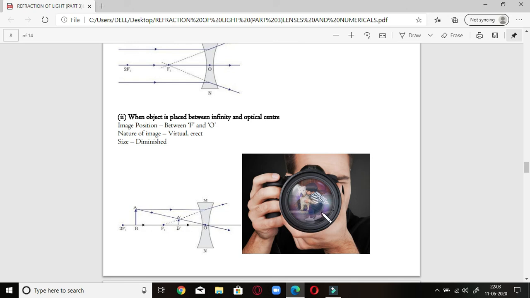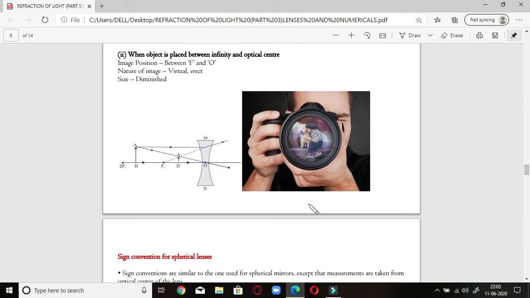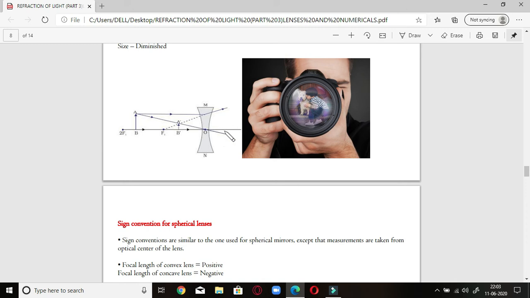Just like this professional camera photographer who is clicking a photograph of a child with a dog, the image is quite small as compared to the object, that is the child and the dog. So this is virtual, erect as well as small in size, images like that. Now in this case, students, u is negative, f is negative, v is negative, h1 is positive, h2 is positive.